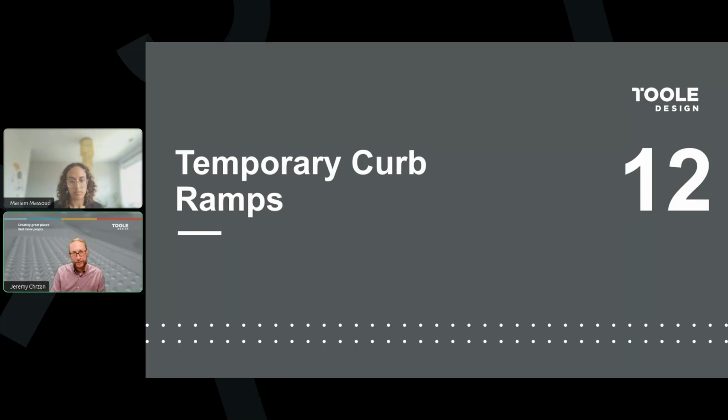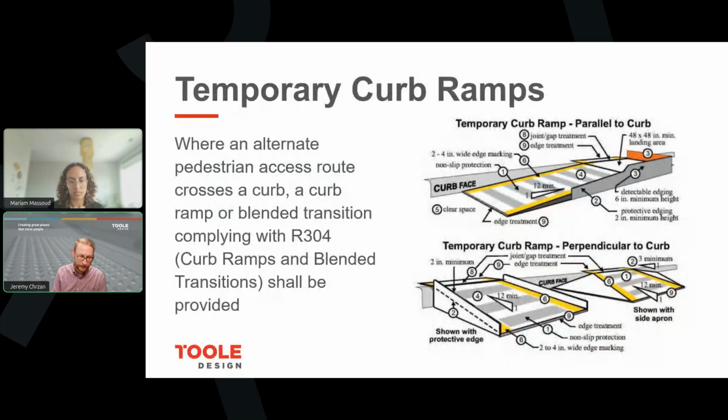All right, we'll jump into temporary curb ramps. And so these are ramps that may be assigned during construction in order to provide an accessible route for a pedestrian. So PROWAG states clearly that if you are providing an alternate pedestrian access route, that anywhere that it crosses a curb or crosses the curb line, that you need to provide a curb ramp or a blended transition.